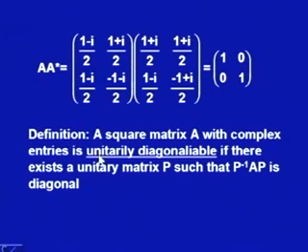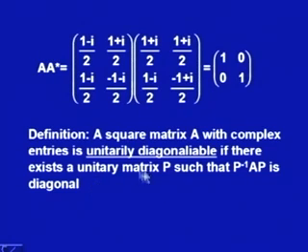Now, we define unitarily diagonalizable matrices. We say that a square matrix A with complex entries is unitarily diagonalizable if there exists a unitary matrix P such that P inverse AP is diagonal.